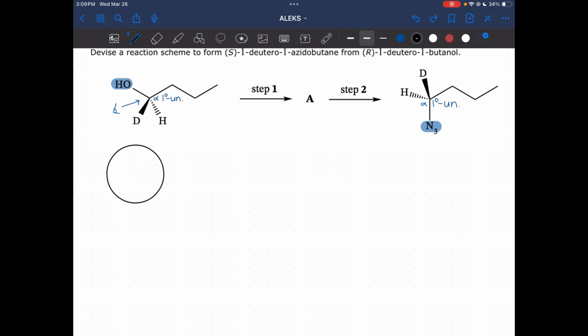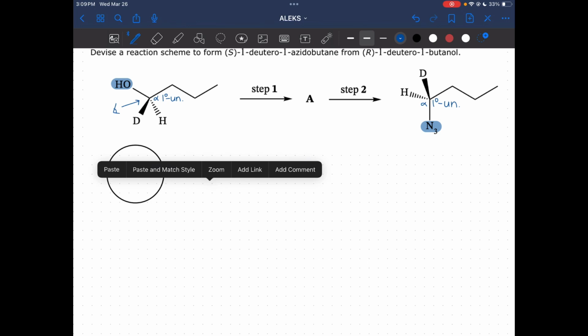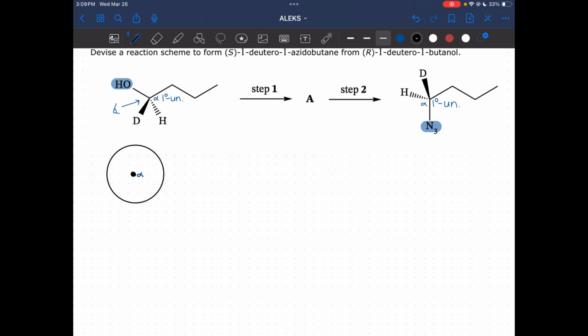So if I do this, that's my back beta carbon. I won't be drawing stuff off of that. And here is my alpha carbon. I'll label it too. So if I want to draw my OH, deuterium, and hydrogen coming off of this, I know right now that my OH is in the plane, and if I think of some sort of horizontal line splitting the top of my molecule from the bottom of the molecule, that horizontal line in my molecule is right here.